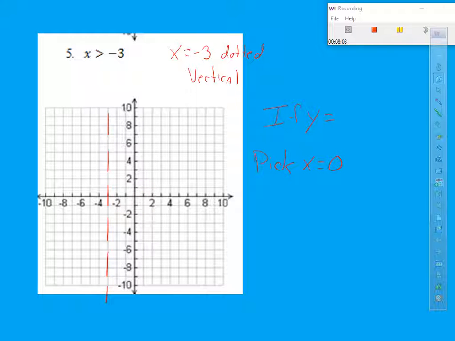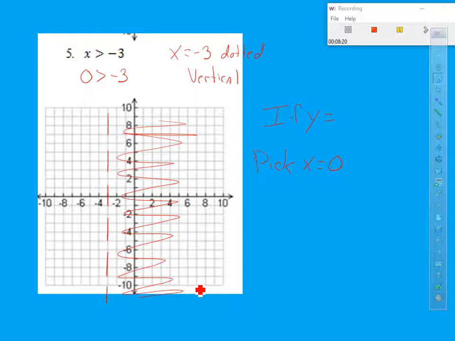And I'm going to plug in 0 and get 0 is greater than negative 3. If that's true, I'm going to shade this side. If it's not true, I'm going to shade that side. Well, in this case, it's true, so this is my solution on this side. So that's all there is so far.